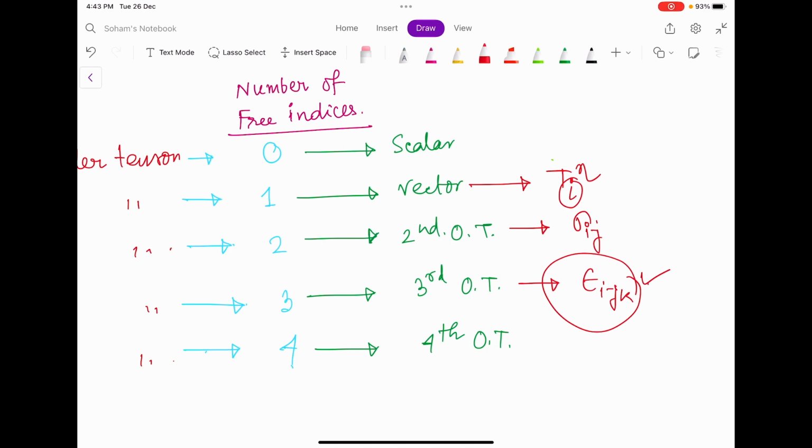I will talk about each of these tensors whenever required. Because this class or this discussion is not dedicated to tensors, I will not dive deep into the epsilon tensor or anything else. We also have a fourth order tensor, that is the modulus tensor, CIJKL.